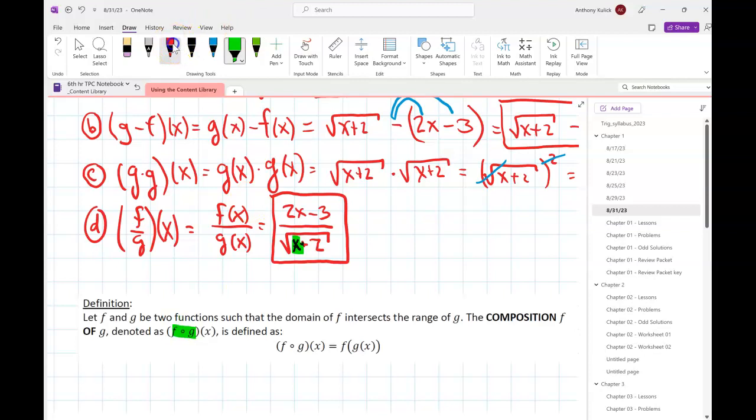So, little pet peeve for Mr. Kulik. When you read this, it is read as f compose g. It's not a word. Please don't say fog. It drives me nuts.